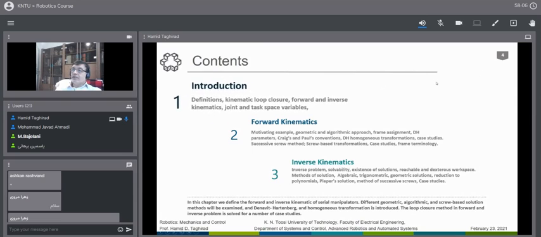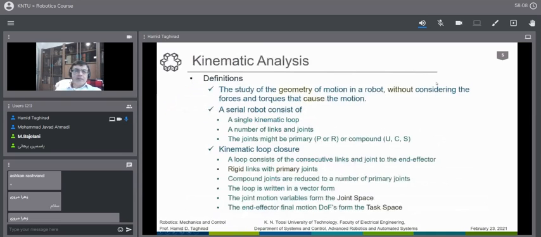In terms of definitions, let's see what kinematics is. In Farsi we call it cinematic, not kinematic. Cinematic is the French word for kinematics. Kinematic analysis is the study of the geometry of motion of a body.